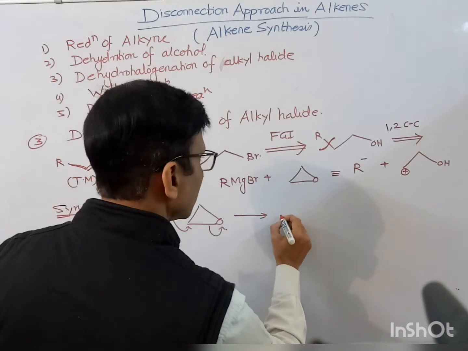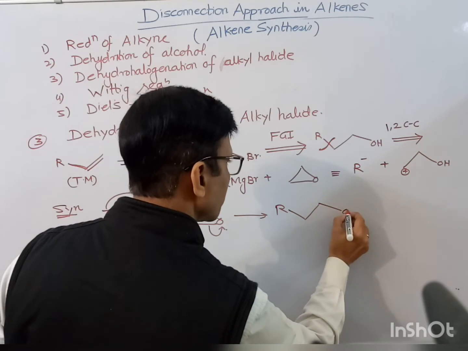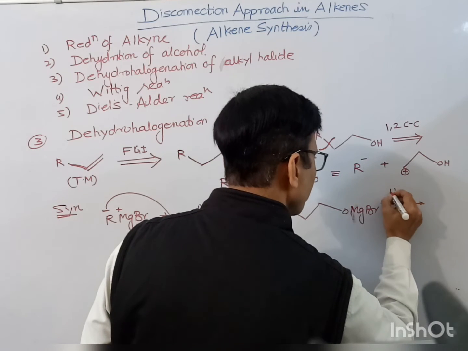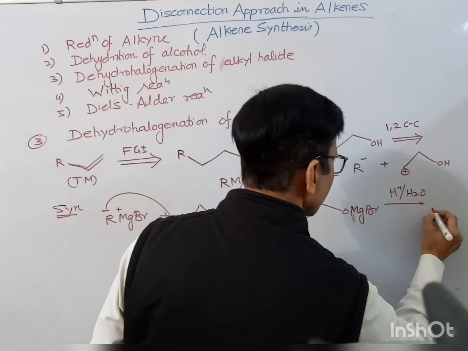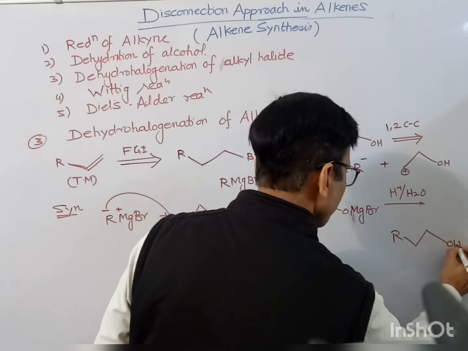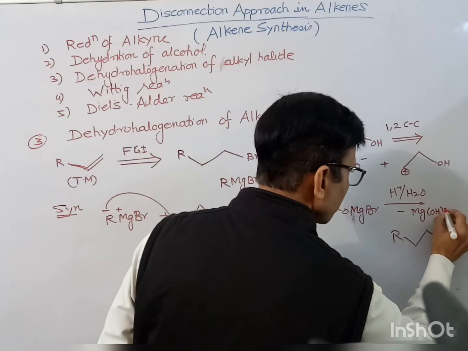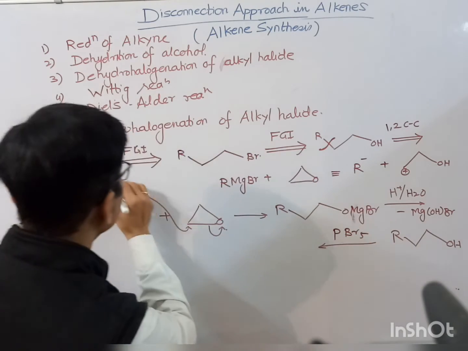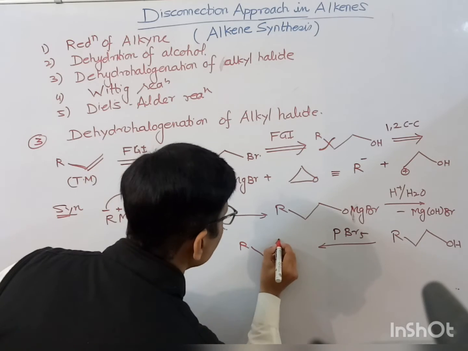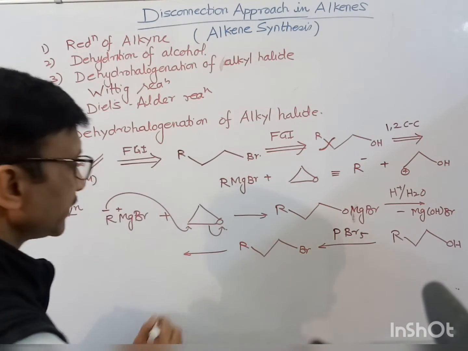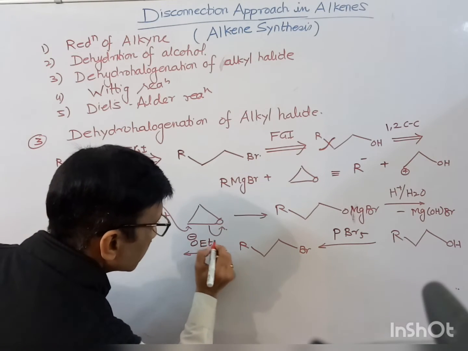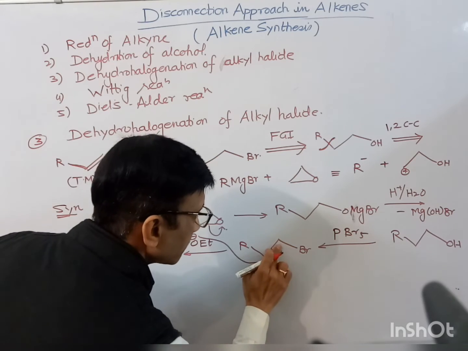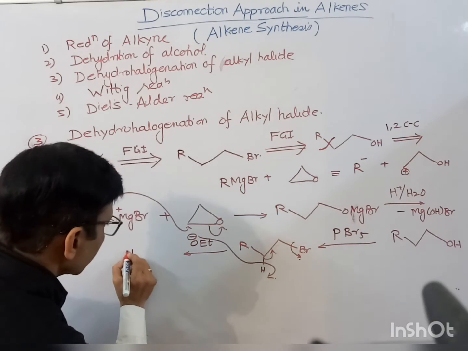And this will give you the alcohol. Now this in presence of phosphorus pentabromide is converted into the alkyl bromide, and dehydrohalogenation in presence of base gives the target molecule.